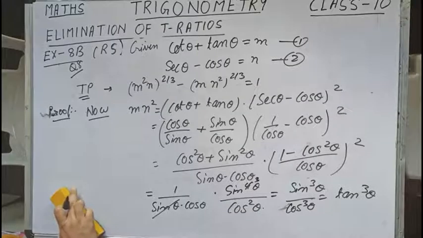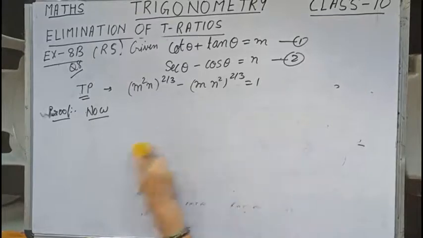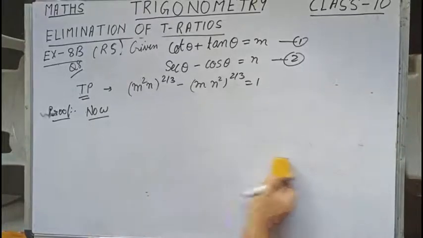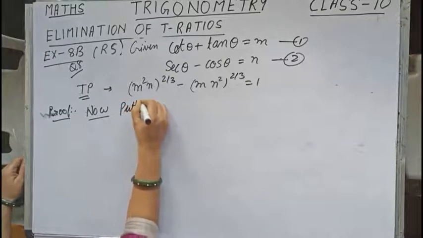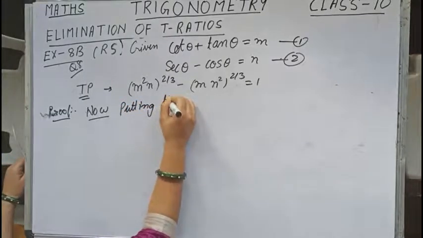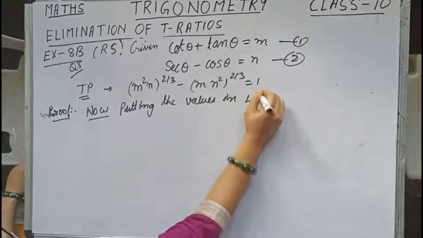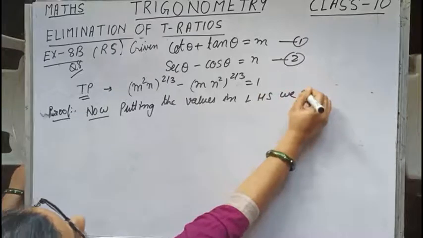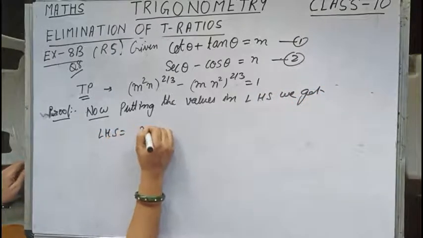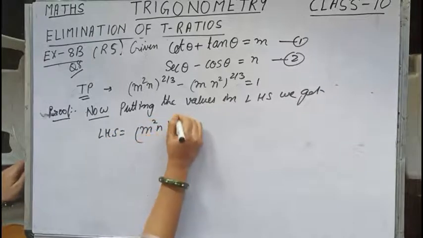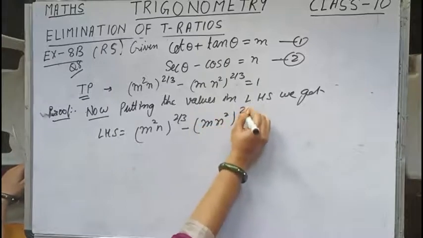Now let us put the values in LHS. LHS equals m square n power 2 by 3 minus mn square power 2 by 3.